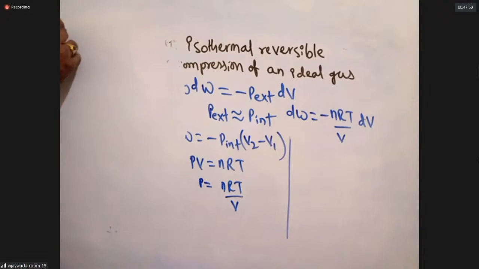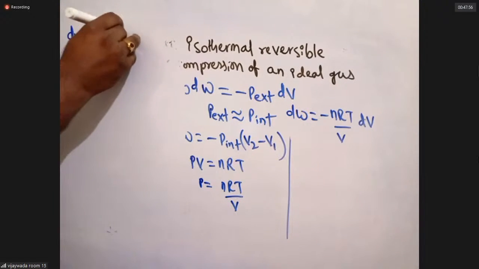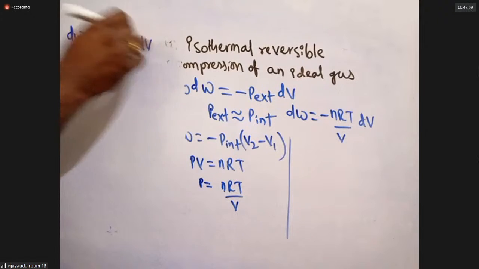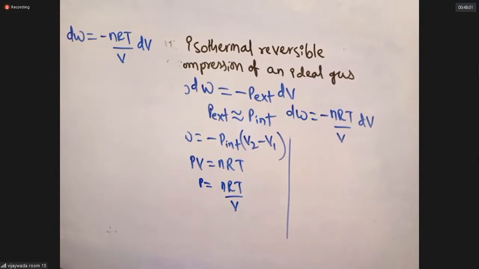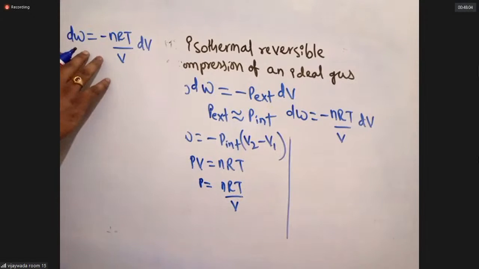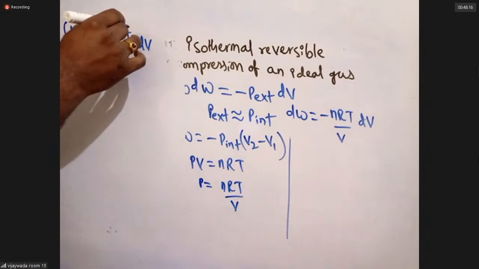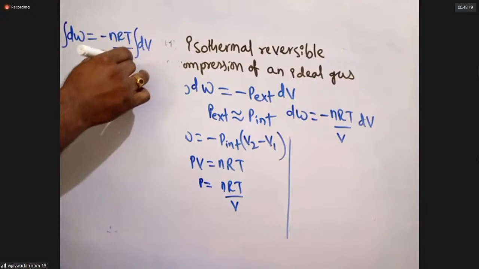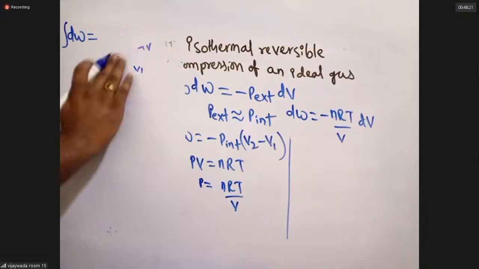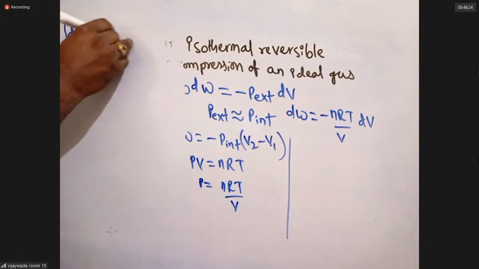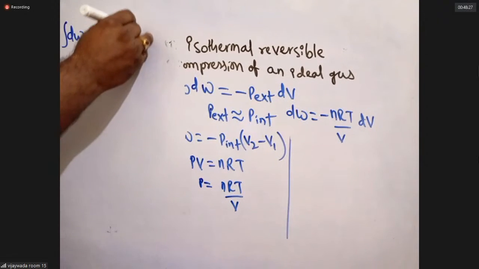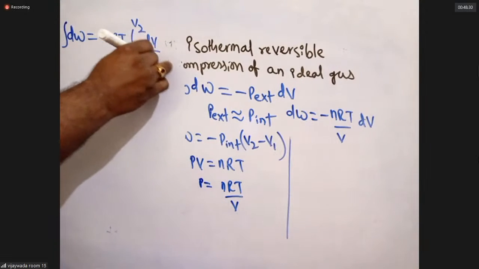So equation is dW equal to minus nRT by V dV. Students, integrate this equation. Work done, change in volume from V1 to V2. So we can write this equation as minus nRT integral from V1 to V2 of dV by V.